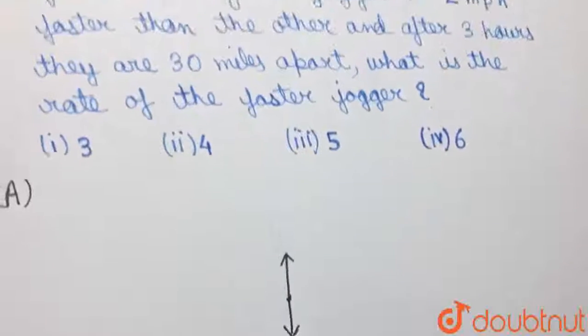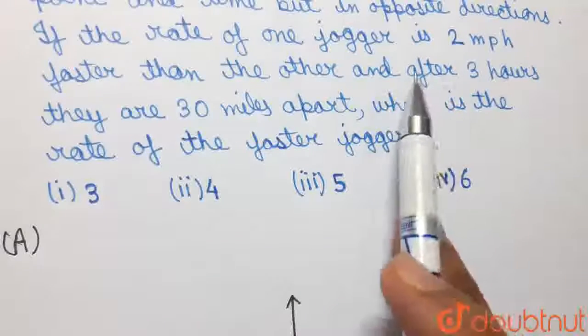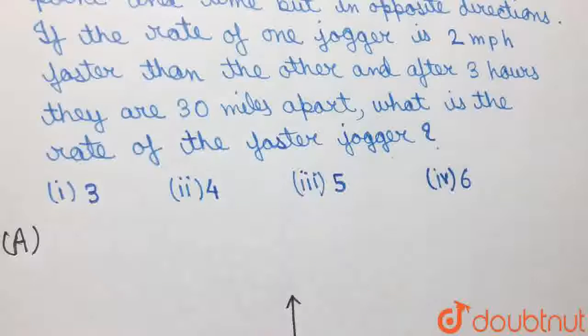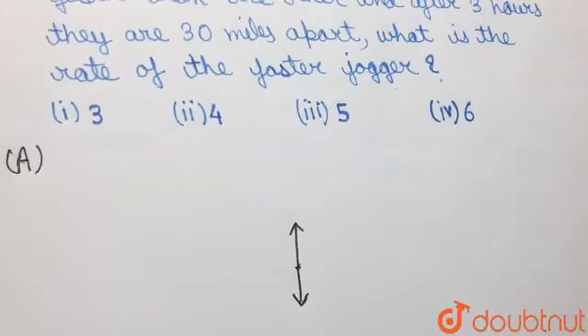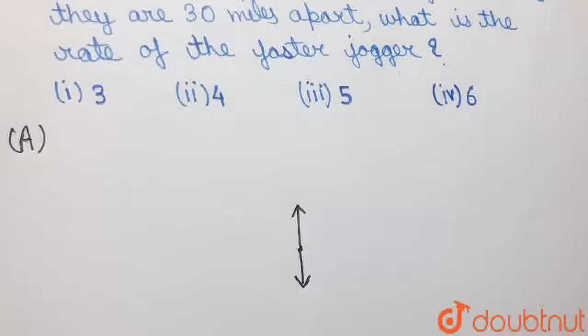Now it has been said that the rate or the speed of one jogger is 2 miles per hour faster than that of the other. So let us assume that the jogger who goes in the forward direction has the greater rate, whereas the one who goes in the backward direction has the smaller rate.